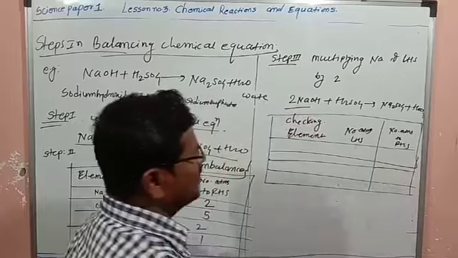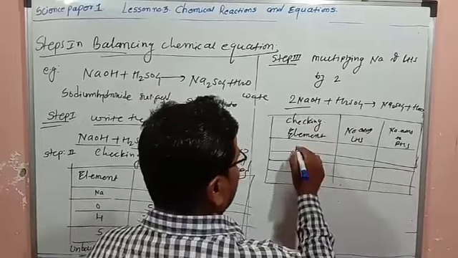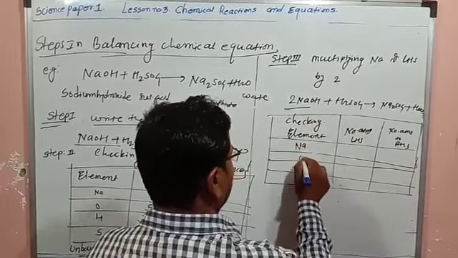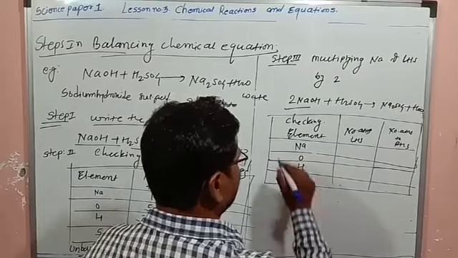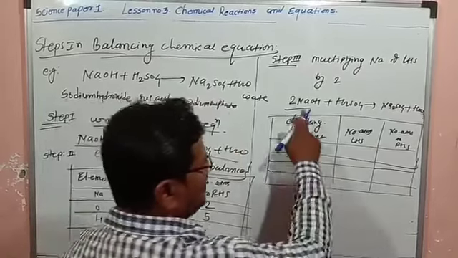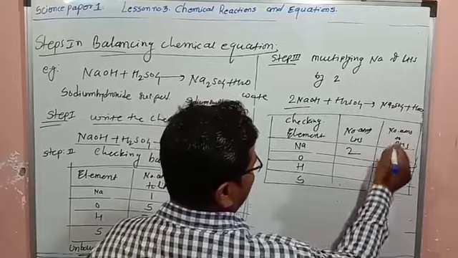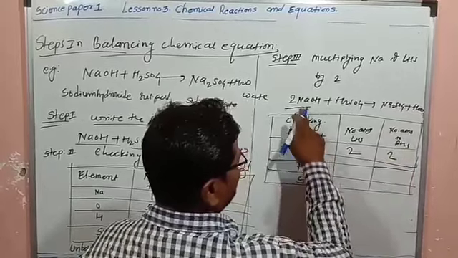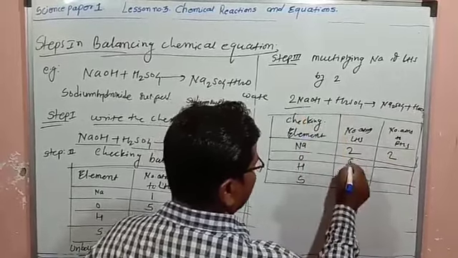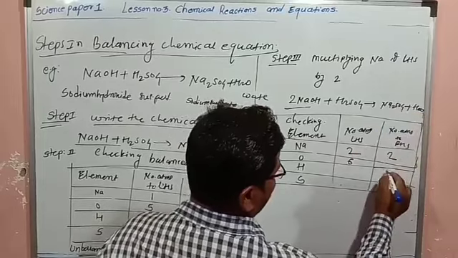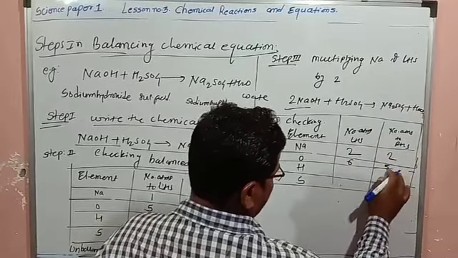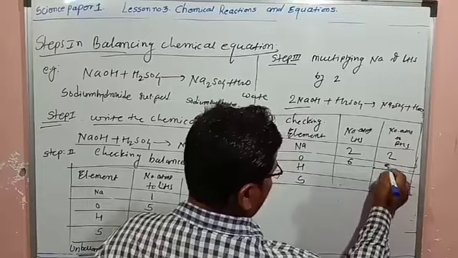So checking, sodium is there, oxygen is there, hydrogen is there, and sulfur is there. Sodium on the LHS 2, on the RHS 2. Oxygen 2 plus 4, 6, here 4 plus 1, 5.